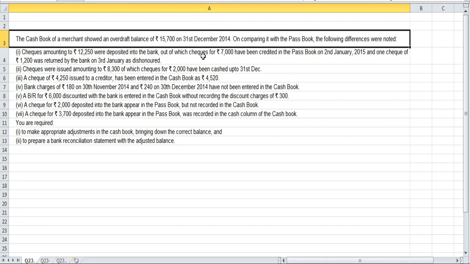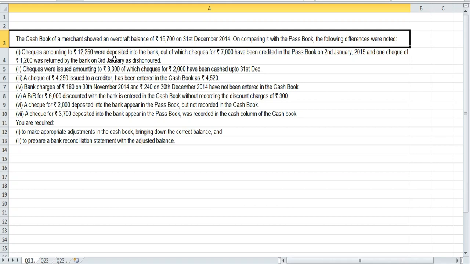Out of this, 7,000 was deposited in December but credited in the month of January, and one check that the bank dishonored was returned on 3rd January. So this will not come in the adjusted cash book.